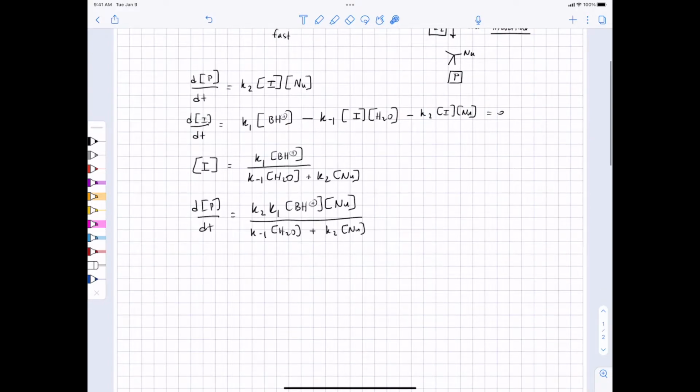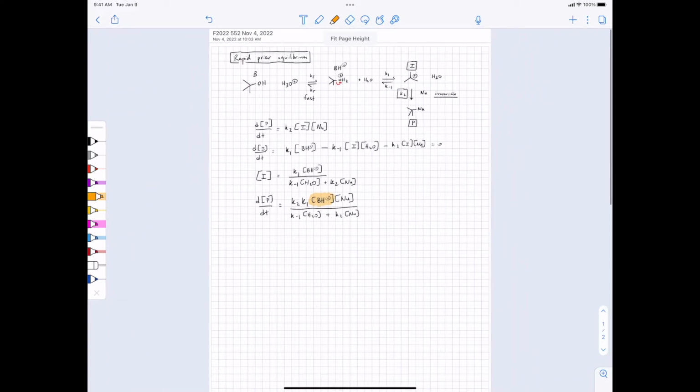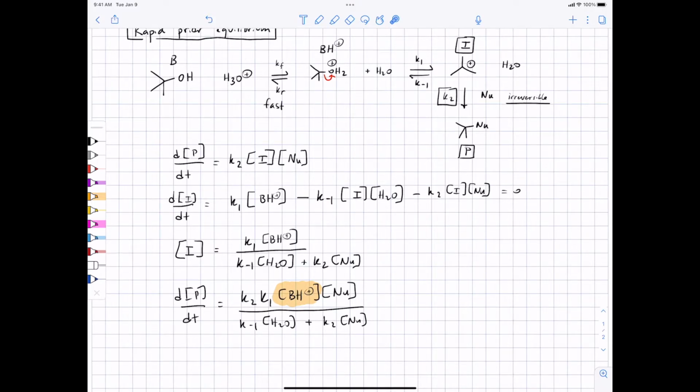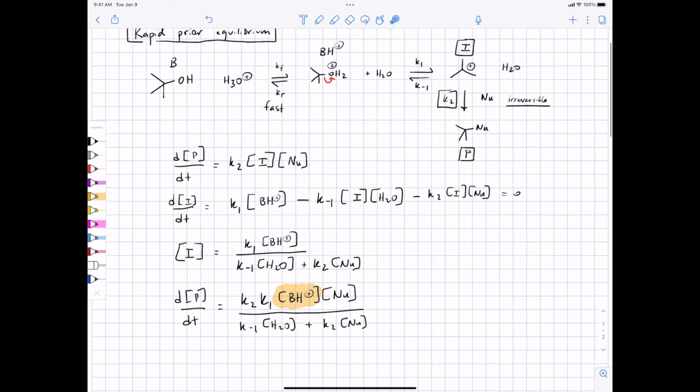All right, but let's talk about this concentration term and how we can get it in terms of something that we can put into the reaction. And remember, as we do rate experiments, we're going to do them under conditions where the reaction hasn't gone very far to completion, so we'll measure initial rates.